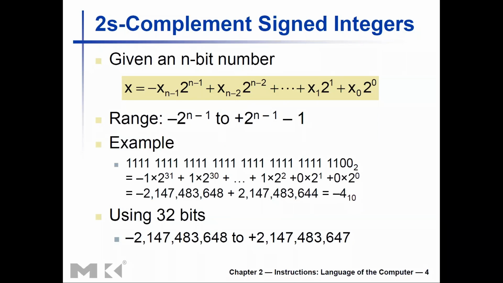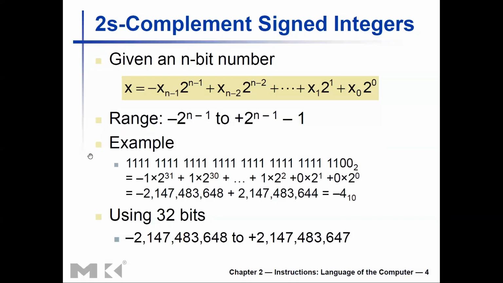If you divide that large number we saw earlier by 2, it's going to be a smaller number. It's not like subtracting 2 from that. That is because you have to represent the sign as well here. The smallest number you can go is minus 2 to the power n minus 1.